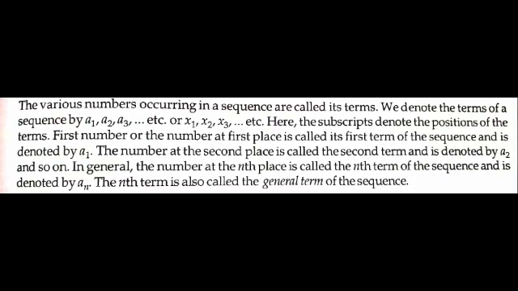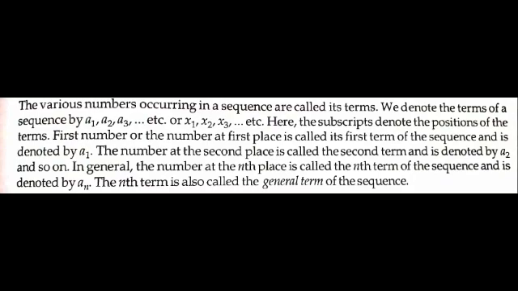The number at the first place is called the first term of the sequence and is denoted by A1. The number at the second place is called the second term and is denoted by A2 and so on. In general, the number at the nth place is called the nth term of the sequence and is denoted by An, as I have explained now. And also I have explained the nth term is also called the general term of the sequence.